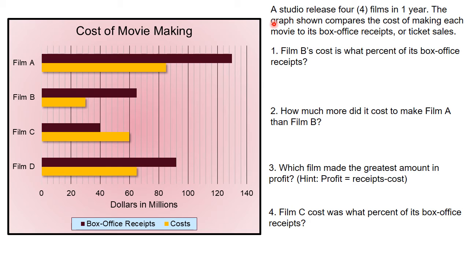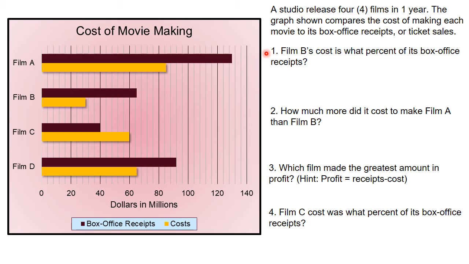A studio released 4 films in a year. As you can see here on the graph, that is film A, B, C, and D. The graph compares the cost of making each movie to its box office receipts, or what we call ticket sales. Question number 1.